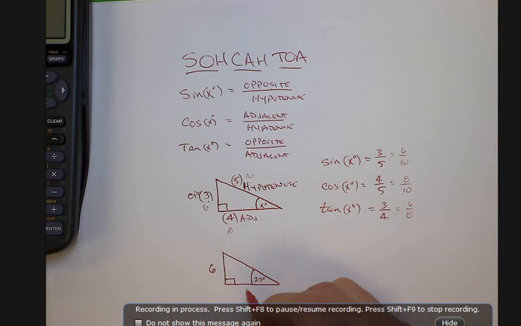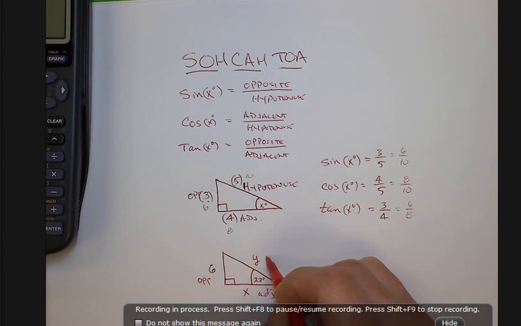And you don't know the other leg, and you don't know the hypotenuse. To solve this, you simply say, okay, now I look at this 27 degrees, 6 is opposite, this is adjacent, and this is, of course, the hypotenuse.